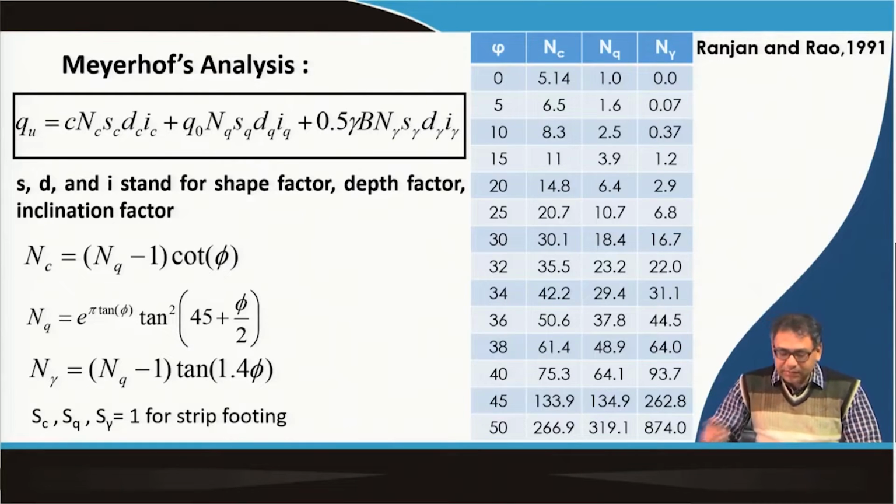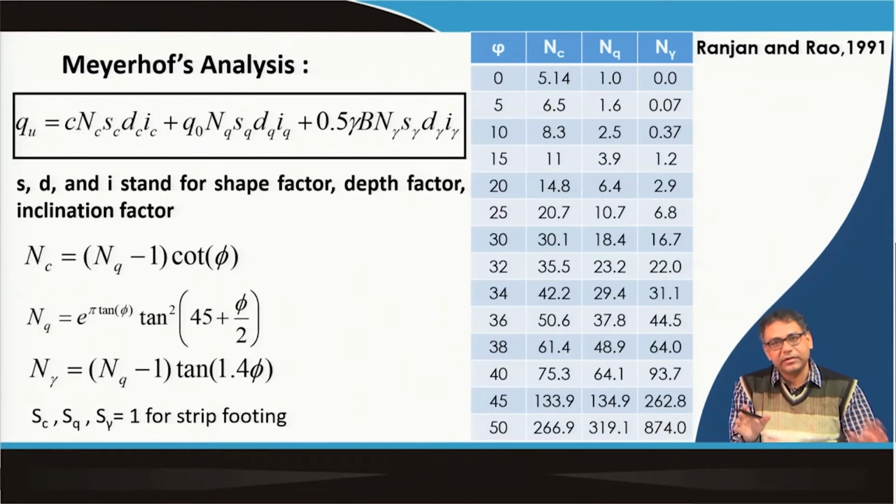The bearing capacity factors N_c, N_q, N_gamma are given corresponding to different phi values from 0 to 50 degrees. This is similar to Terzaghi's bearing capacity factors, but the values are different.